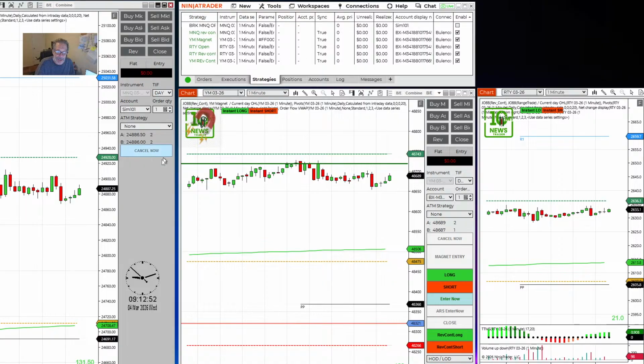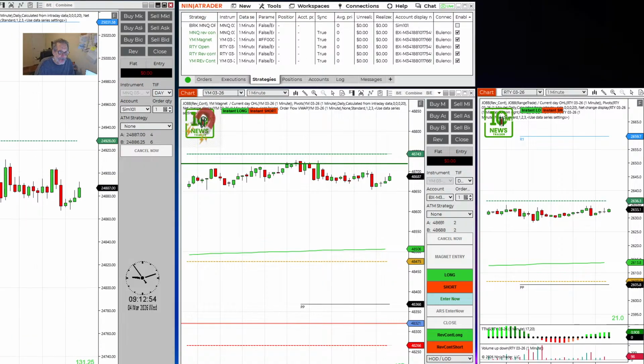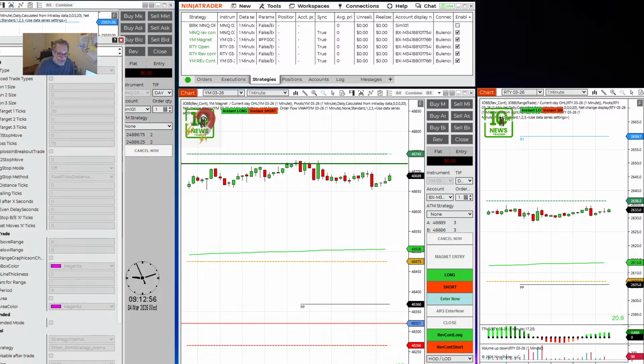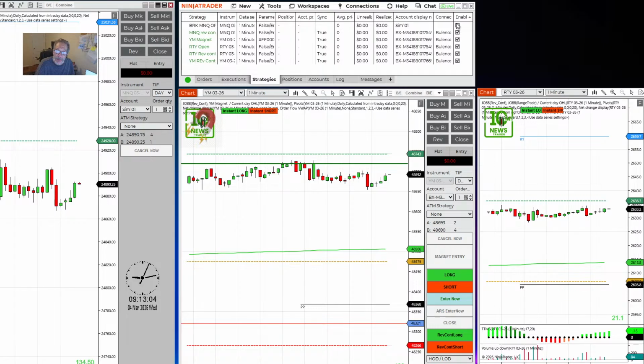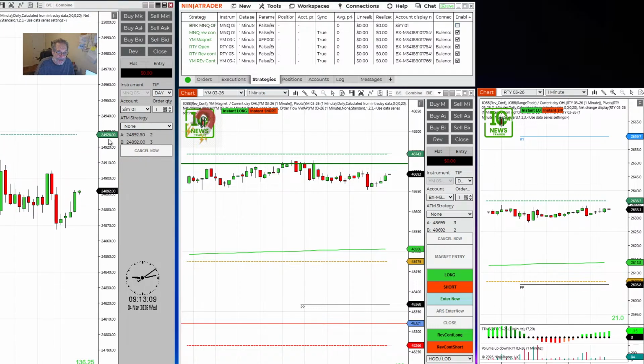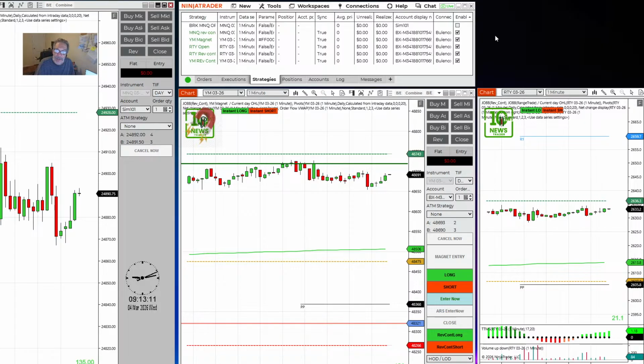So let's check that bracket one more time. Let's turn off the vertical line on entry. Order canceled. Still pretty tight. I think we're going to get a magnet on the MNQ. Order submitted.